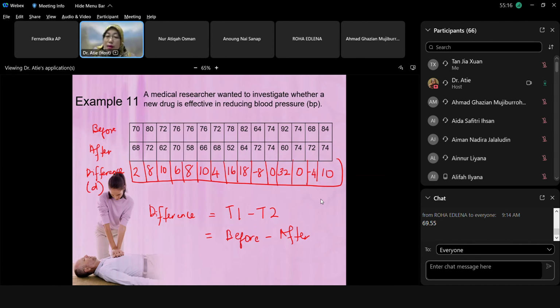Doctor, I think for 76 minus 58 is 18. Which one, Atika? The fifth one from the left. This one? The fifth one, 76 minus 58. Yeah, it's supposed to be 18.